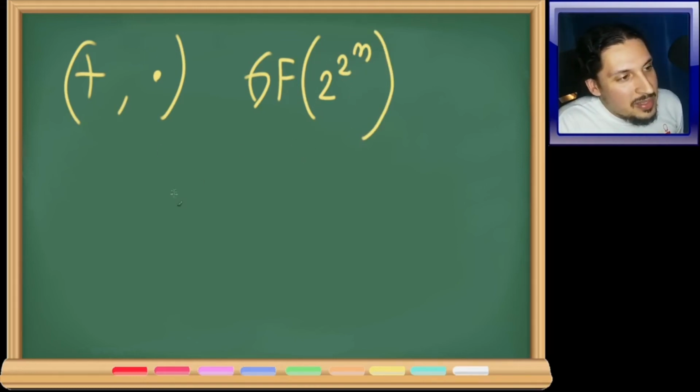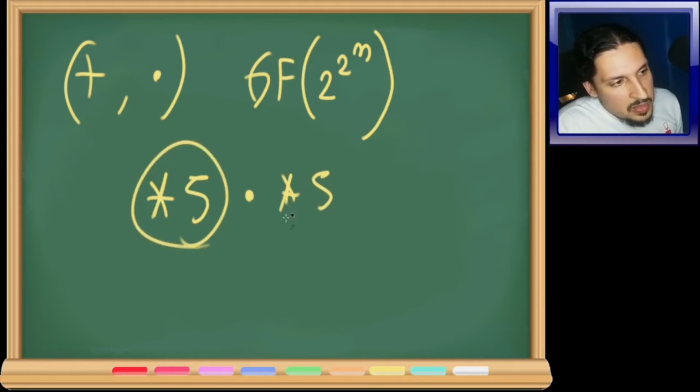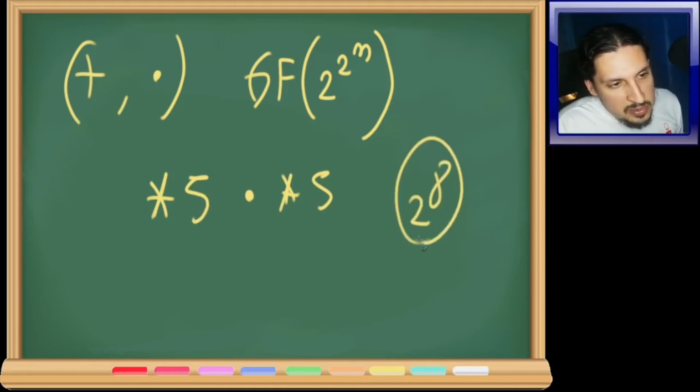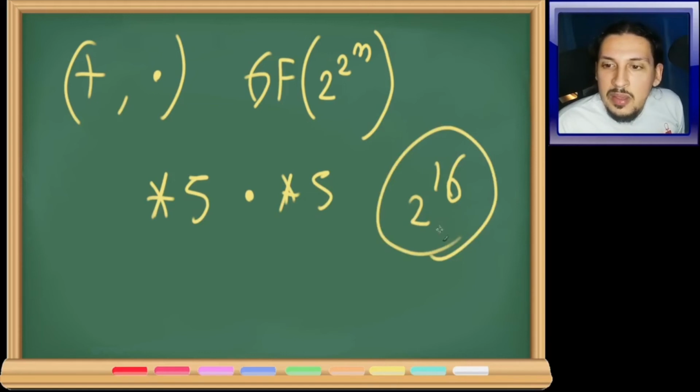And what happens is that, for example, if you make star 5 times star 5, you multiply the pile of NIM of size 5 with the pile of NIM of size 5. Well, these are lower than 2 to the 8, right? But this is not a Fermat number. So maybe the result of this multiplication has to go to 2 to the 16th.